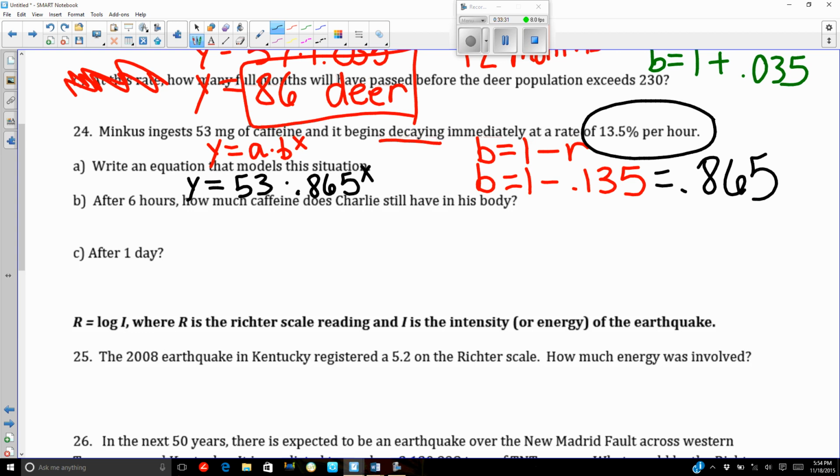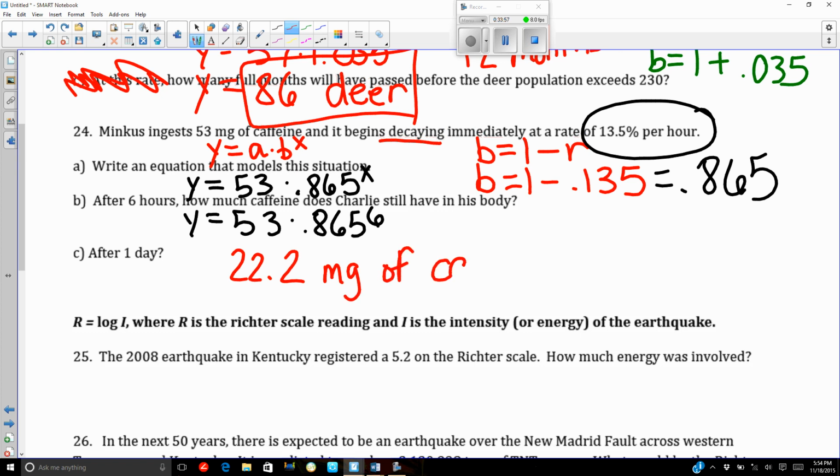That means we just insert 6 for X. And I got roughly 22.2 milligrams of caffeine. And since it's decaying, it makes sense that it is a smaller value. So that is the answer to part B.